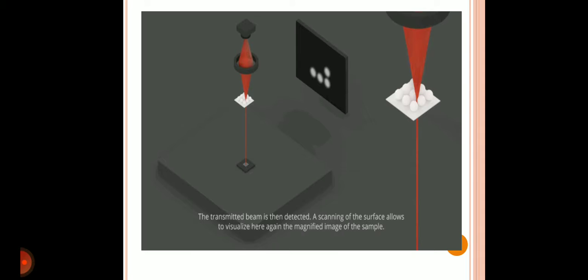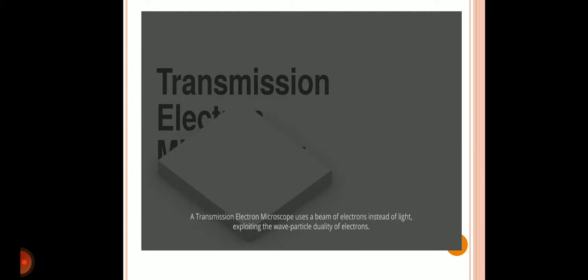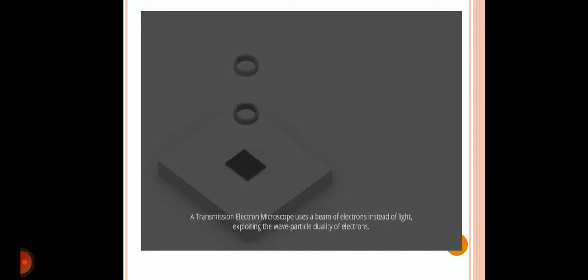Ion milling. In this process, thinning of the sample is done by firing charged argon ions at the sample surface until it becomes transparent enough. The focused ion beam technique uses gallium ions for thinning.